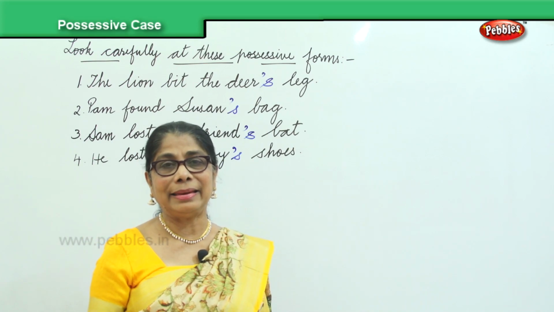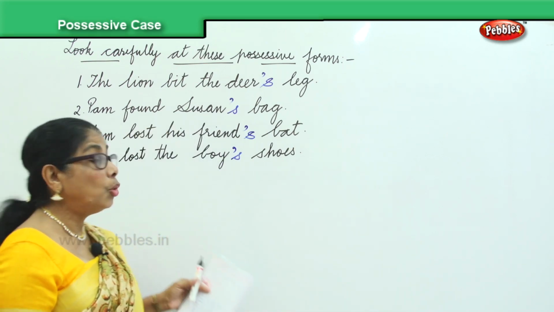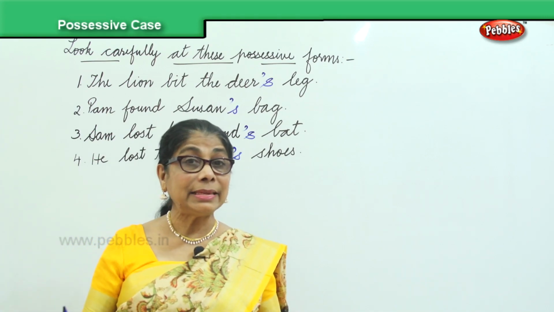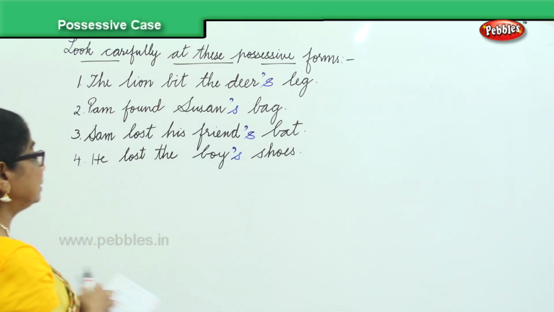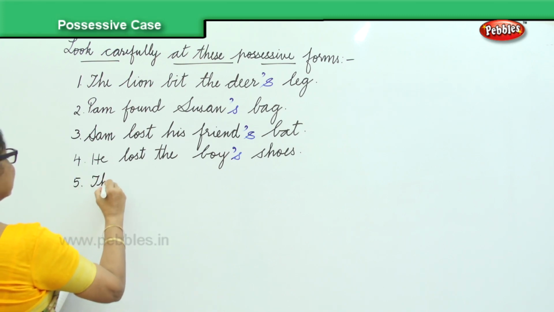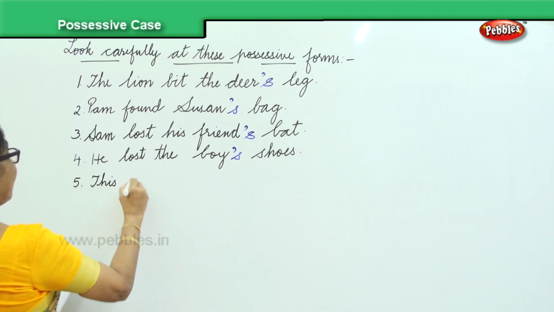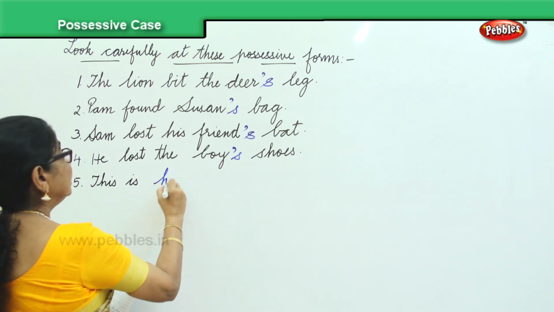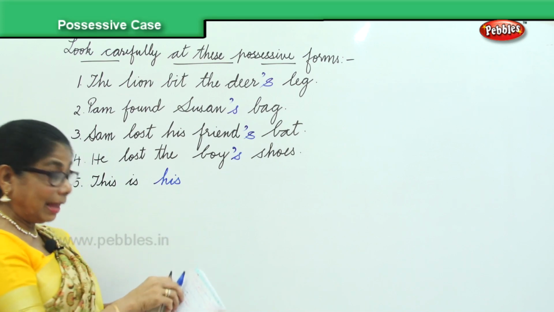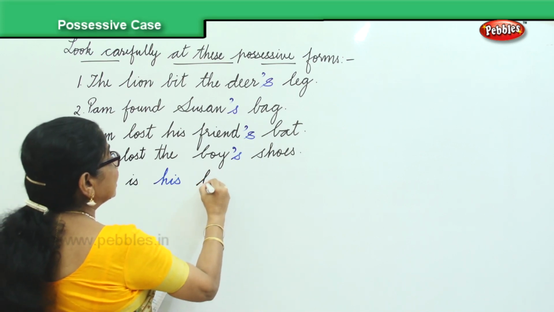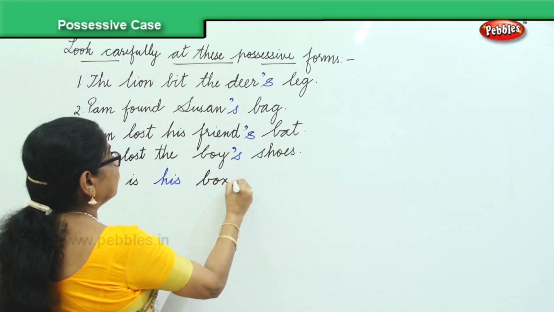Friend's bat. And the boy's shoes. Next, this is his pant. This is possession. His belongs to. This is his pant, or this is his bag, or this is his box, whatever.